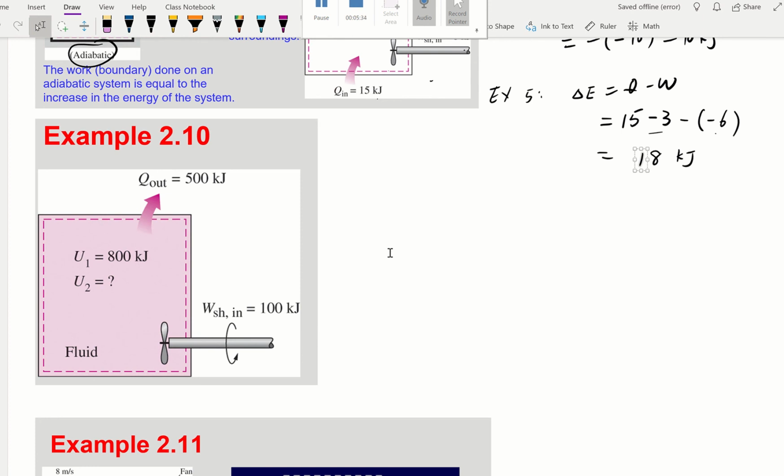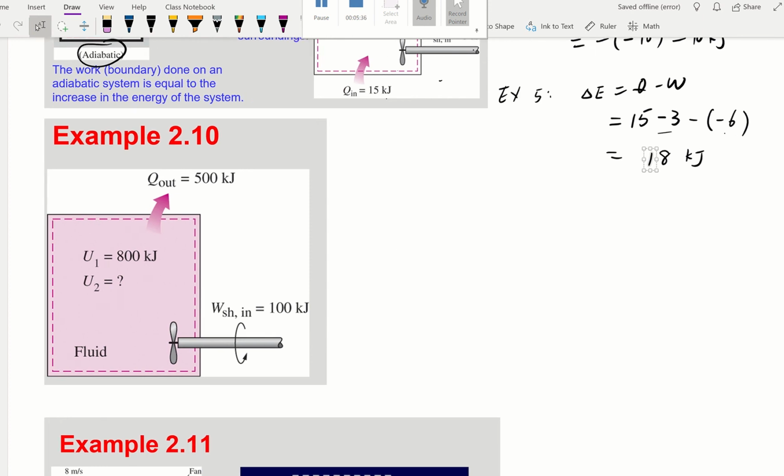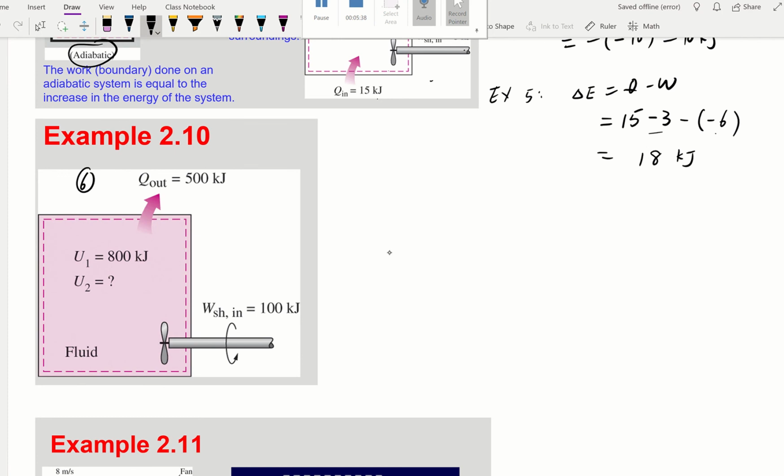All right, another example. We have this one here. We call this example 6. We always start with delta E equal to Q minus W, our first law of thermodynamics. Here, it is assumed to be stationary, which means delta KE and delta PE, the kinetic and potential energy changes, are 0.